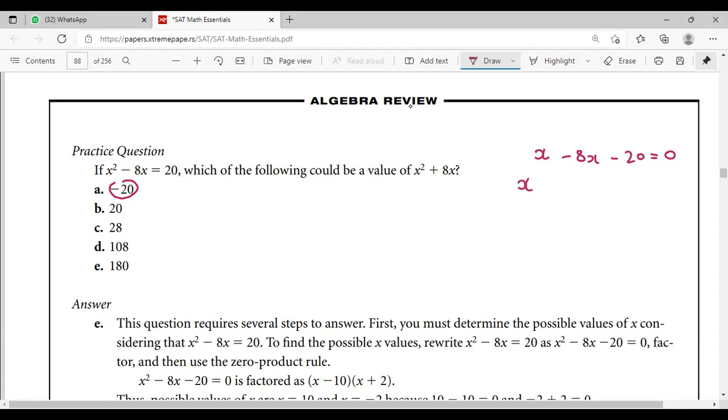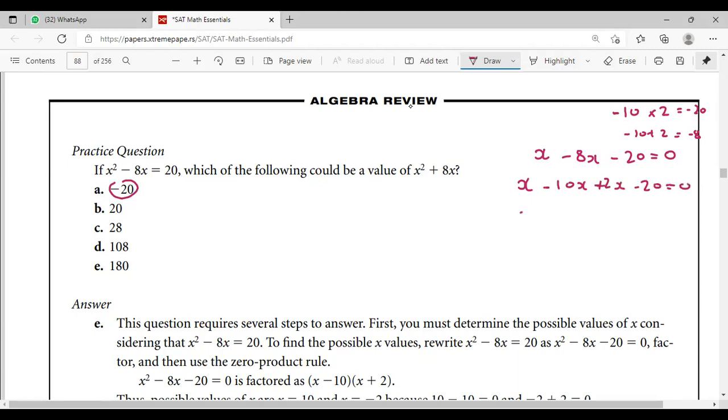So we need two numbers such that when we multiply them, we get minus 20, and when we add them, we get minus 8. So the two options are, let's think, minus 10 and 2. So this would be minus 20 if we multiply it, and if we add it, this would be minus 8. So we have x minus 10, x plus 2, equals 0.